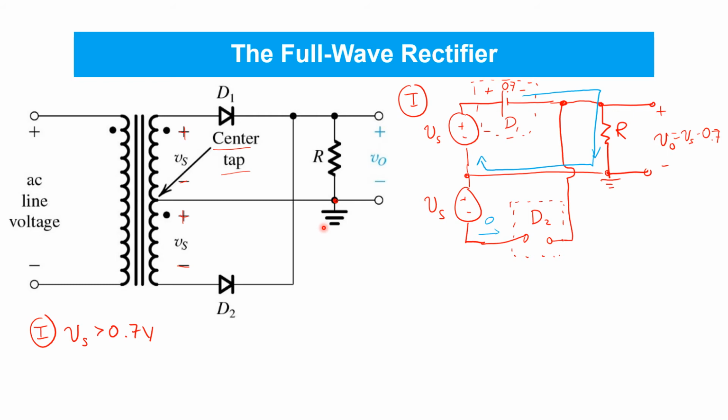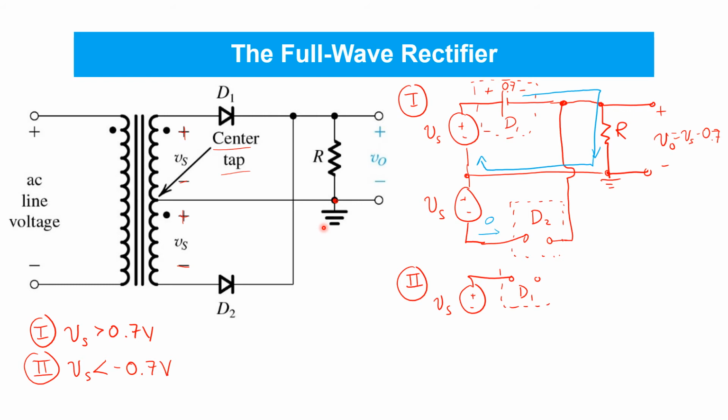Now, second case of interest is what happens when Vs is, let's say, large and negative. A large negative, large in an absolute sense, but a negative voltage. So in this case, the situation is precisely reversed. Now, since Vs is large and negative, it's D1 that must be reverse biased.